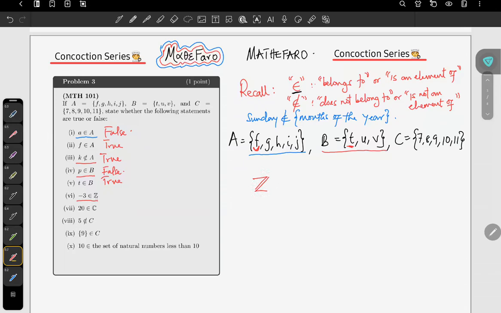So let's have a quick review of the number systems. The first number system that we have, the first set, is the set of natural numbers, N, which are just the whole numbers, the counting numbers, 1, 2, 3, and so on.